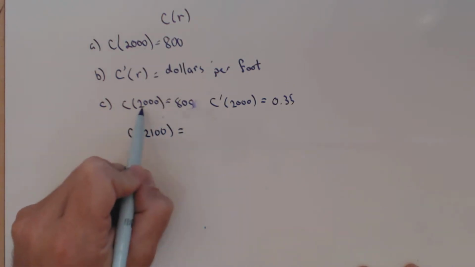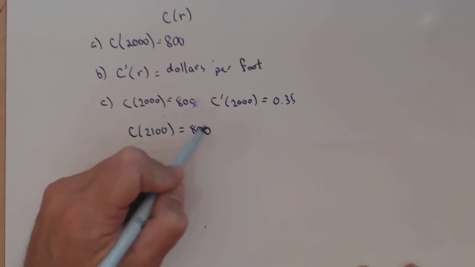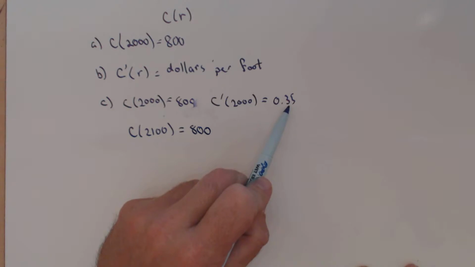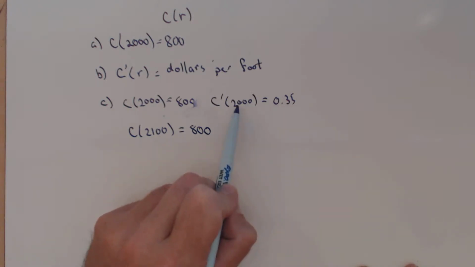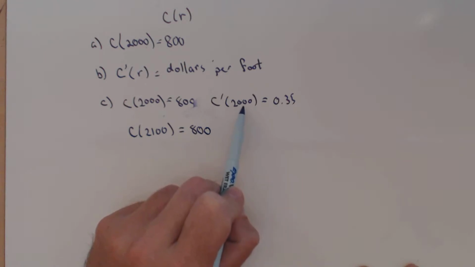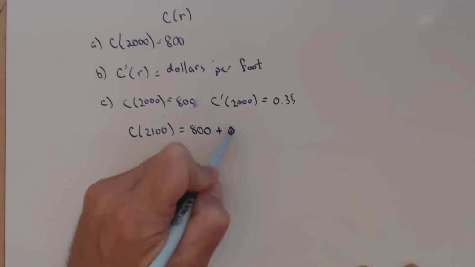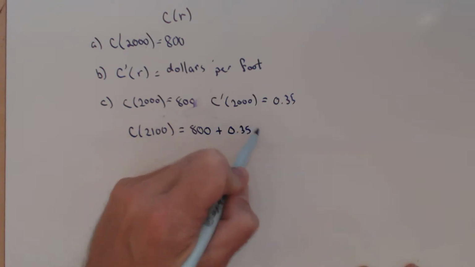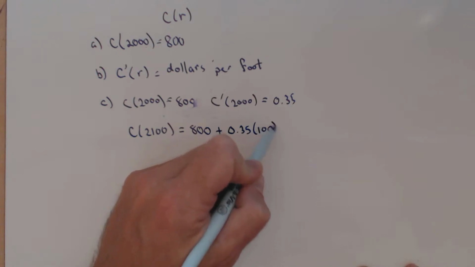Well, we know that we're already spending $800 to produce the first 2,000 feet, and it's costing us 35 cents per foot to make the rope at 2,000 feet produced. So what we're going to do is multiply that 35 cents times the other 100 feet that we're producing.